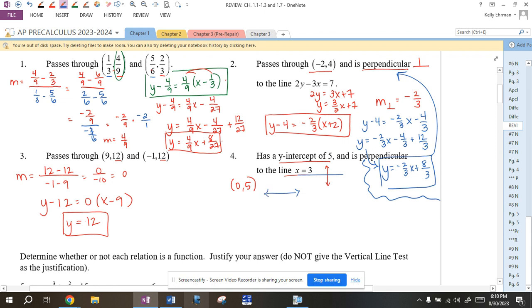Horizontal line is always y equals, and in this case, it's going to be y equals 5 for that value. Again, if I had to write the point slope form, I could say y minus 5 equals 0 times x minus 0. But for this one, I'll just do that.